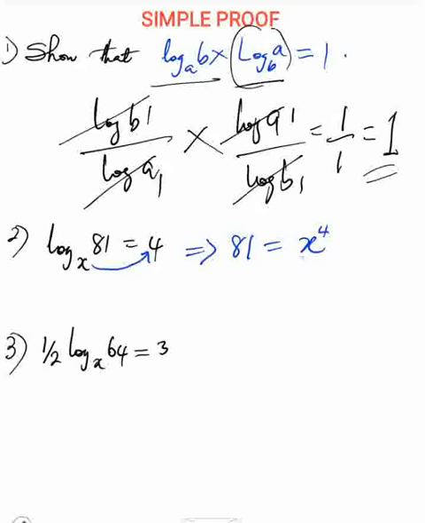But now, what number represents this x? That is, what number can we raise to the power of 4 to give 81? If we look for the factors of 81, we can simply have 9 raised to the power of 2 is 81. But it's not raised to the power of 4.